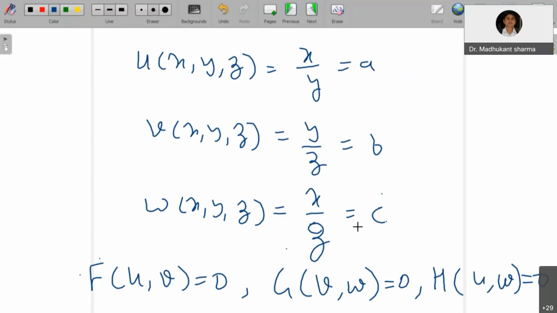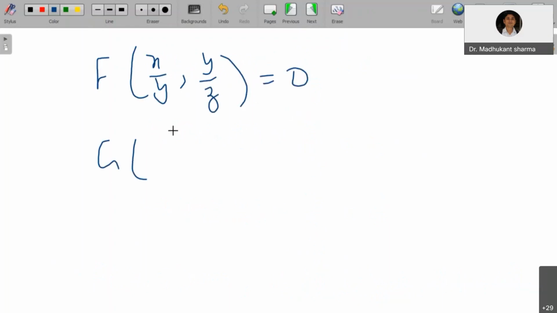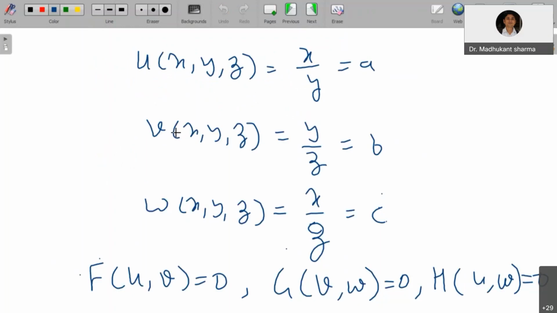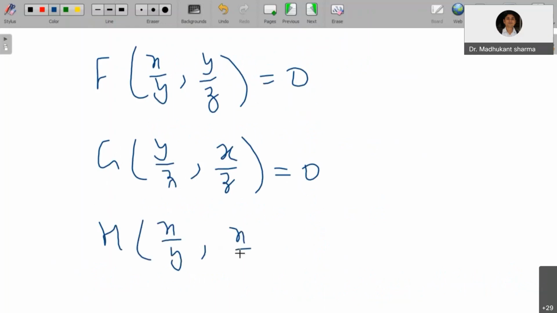So finally you have solutions like f of x by y, y by z equal to 0; g of y by z, x by z equal to 0; h of x by y, x by z equal to 0.